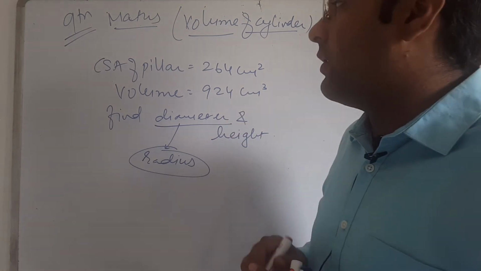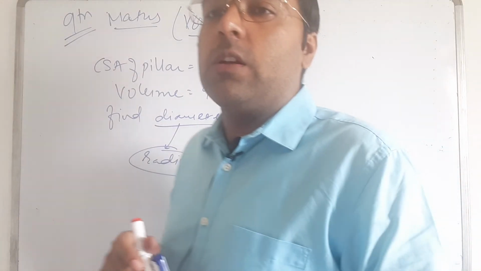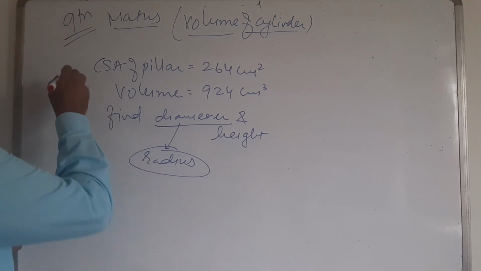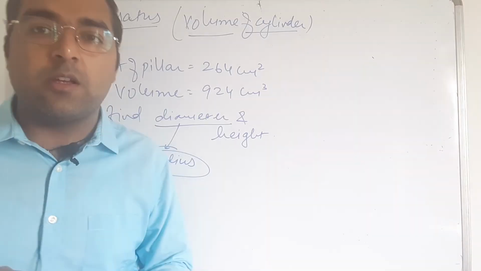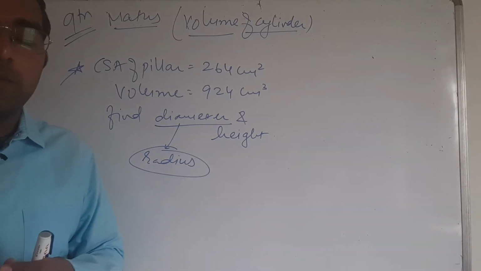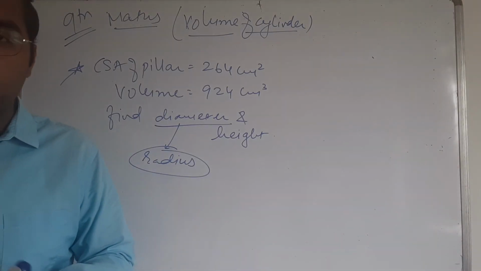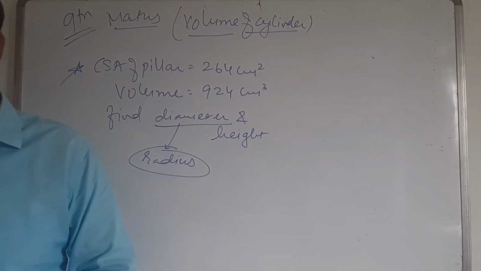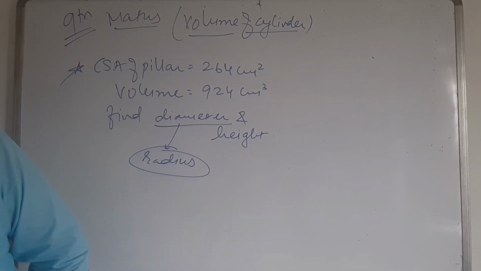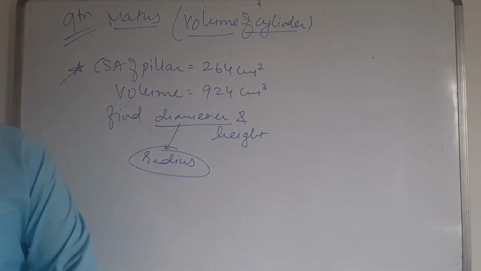Students, I'll give you this question as homework, because we already learned the same kind of question in the previous session. Please note down this question. This is one of the easy questions.